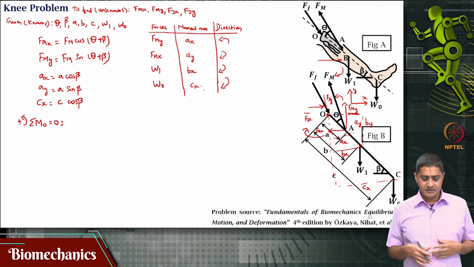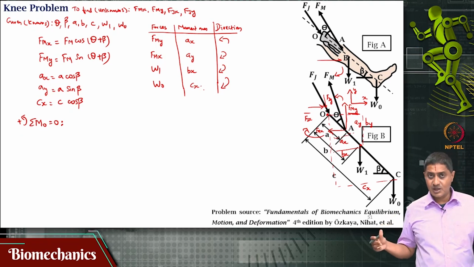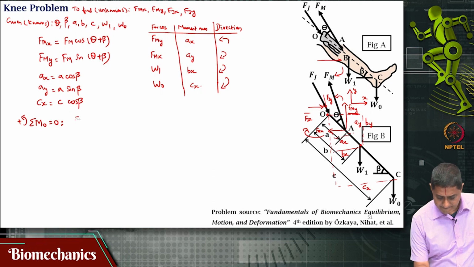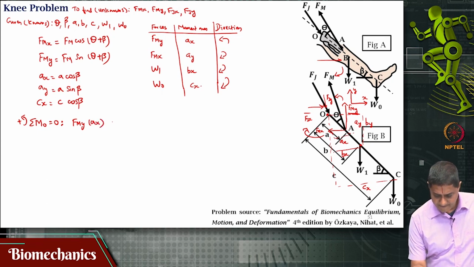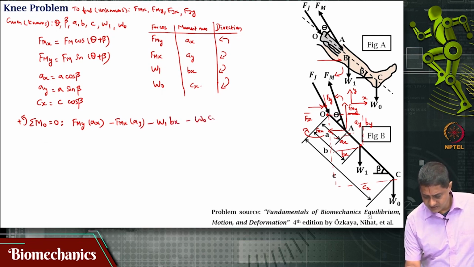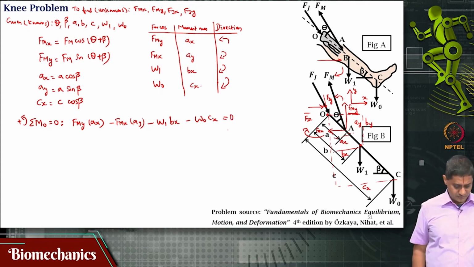Now, we have everything to write out our moment equation. So, let us expand our moment equation, which is sigma M_O is 0. That is Fmy times Ax minus Fmx times Ay minus W1 Bx minus W0 Cx, the whole thing is 0.